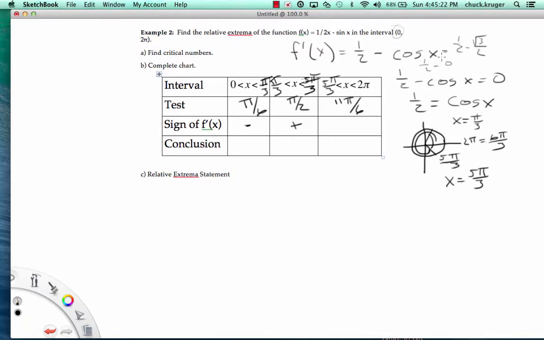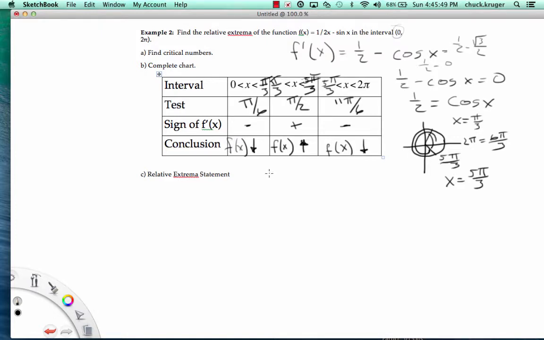And 11 pi over 6, again, I have 1/2 minus the square root of 3 over 2, so it's negative. So my conclusion is that my function is decreasing on the first interval, f of x is increasing on the second, and again f of x is decreasing on the third.